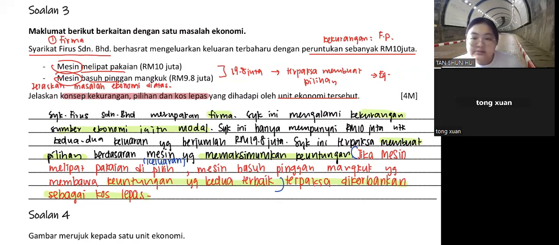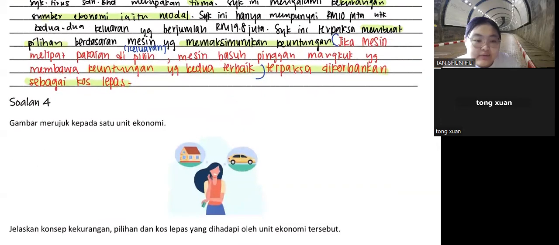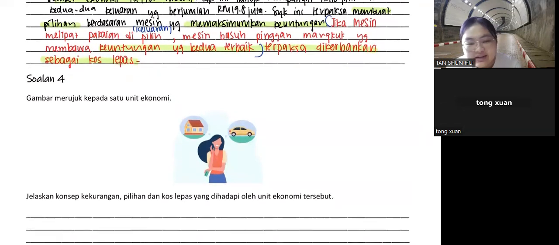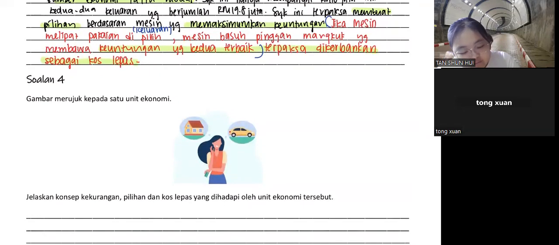Okay, let's move on. Now, here, this is an example. So they give you another example. So you try to tell me. This one I don't write in full. Now, see. So the first one, they say, gambar ini menunjukkan satu unit ekonomi. Jelaskan konsep kekurangan, pilihan, kos lepas.